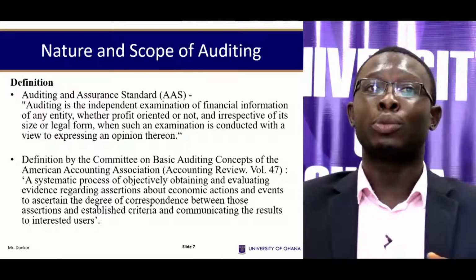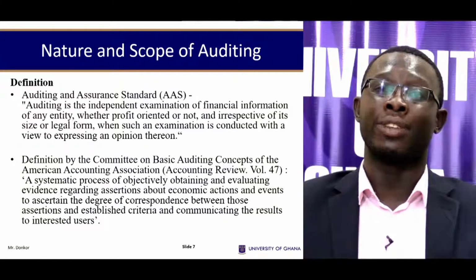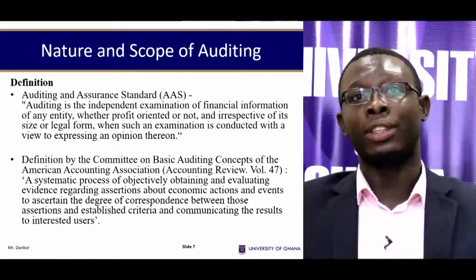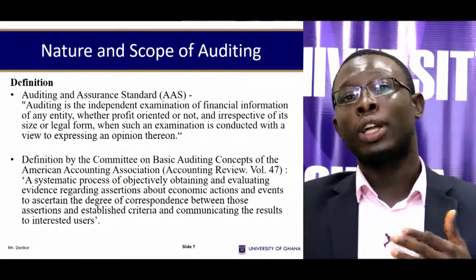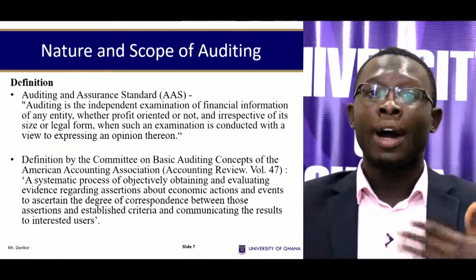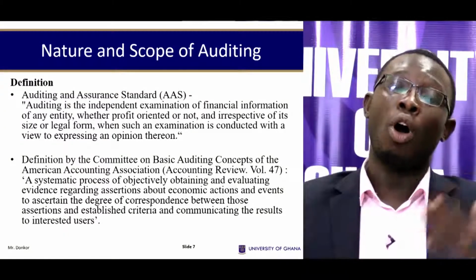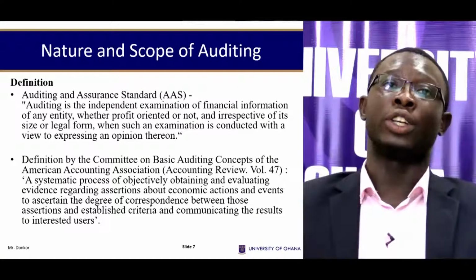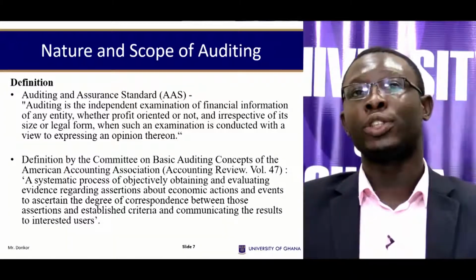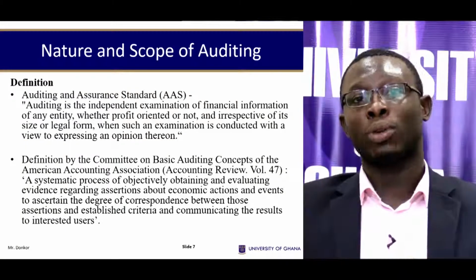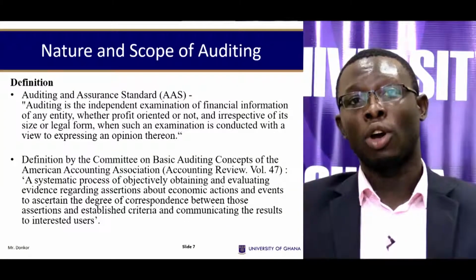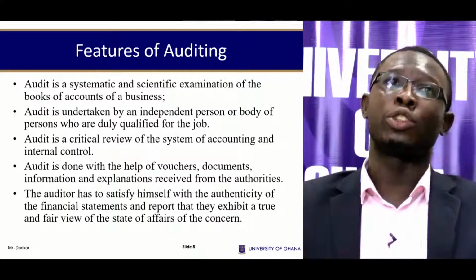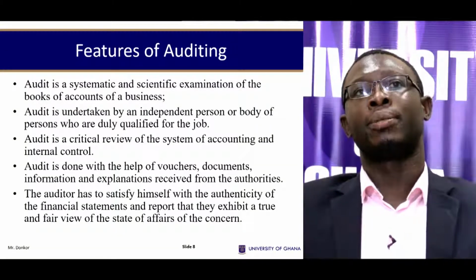Then auditors use the various evidence they have gathered against the criteria and communicate an opinion thereof, so that users will use such a report as credibility on the financial statement. So this is the main definition we are going to work on, and this particular course, Auditing 304, is mainly on financial statement audit.